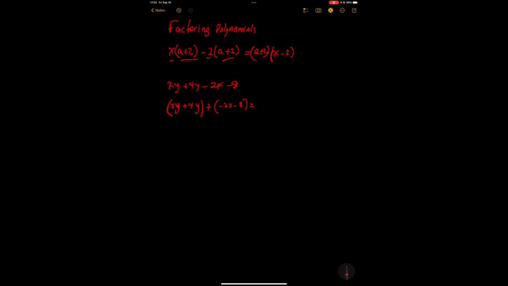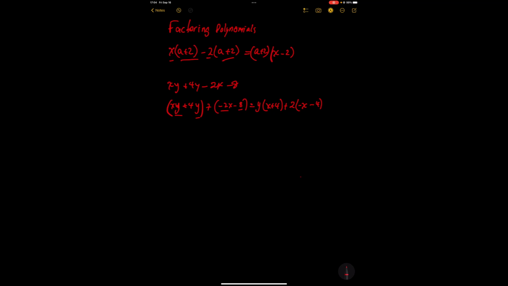So what would that be equal to? We have y on both sides over here, so that would be y factor (x + 4). And this one we have 2 and 8, so that would be plus a 2 times negative x minus 4, right?